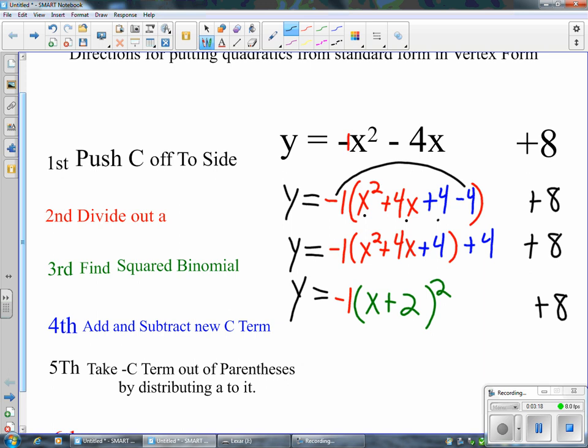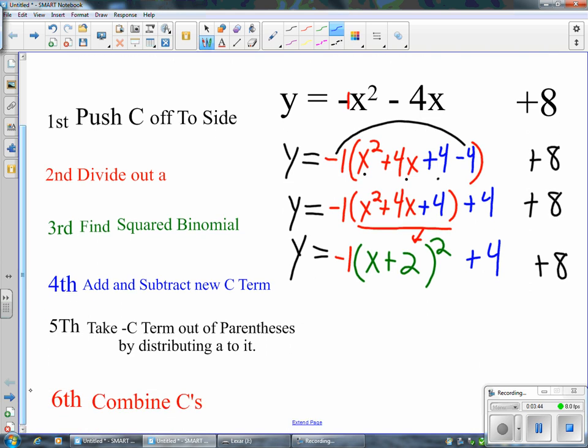So then the red parentheses here does in fact factor down to that x plus 2 squared like I wanted it to, but I've got to make sure to bring down this new term that I brought down, and that is +4 here. Now that last line is complete. And the last step to get there is just combine these two c's.